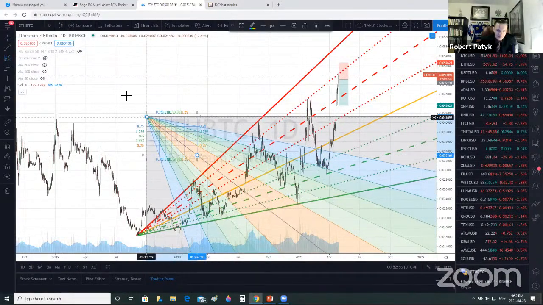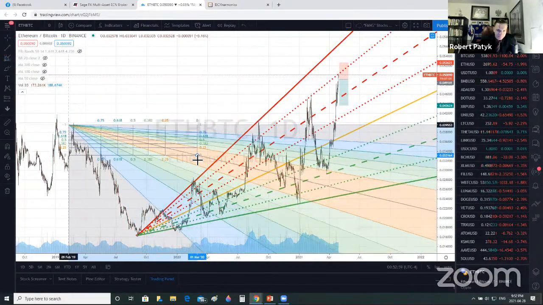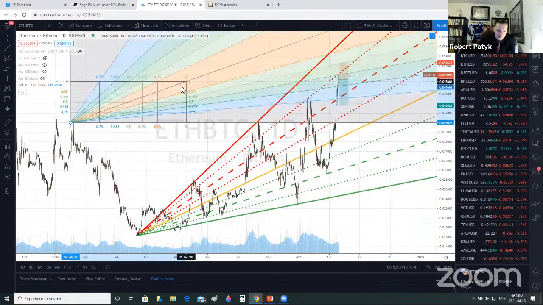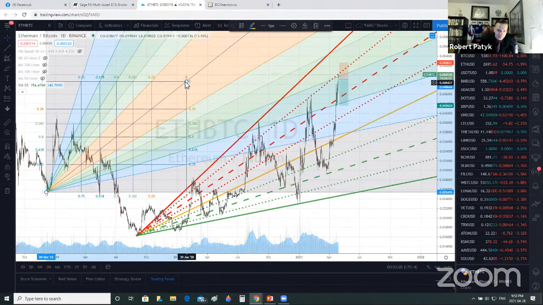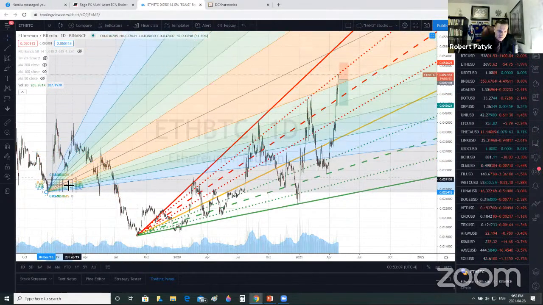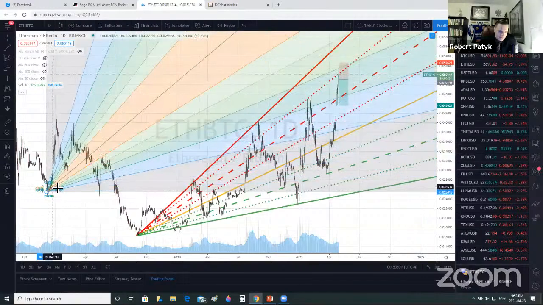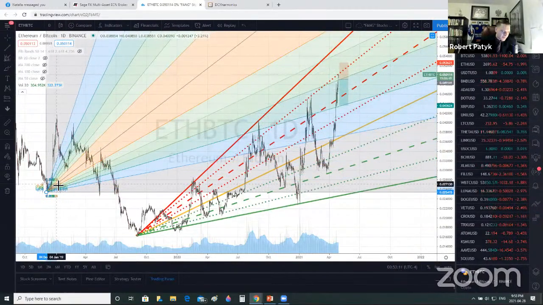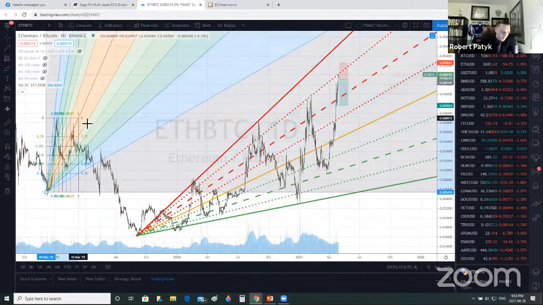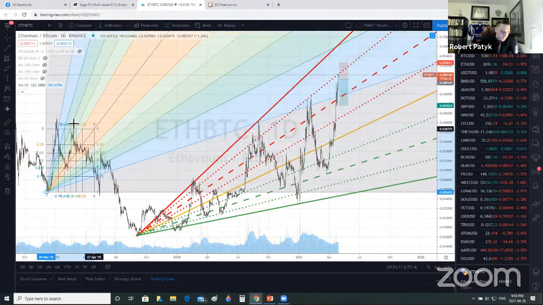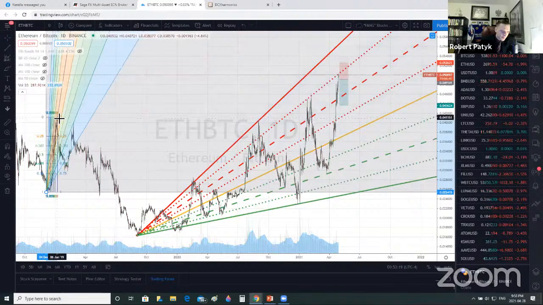Let's put it upwards at least. You pick your point, and all you do is try to line up the absolute top and the absolute bottom. Let's start with the top here. I'm going to use this peak over here, the big one.